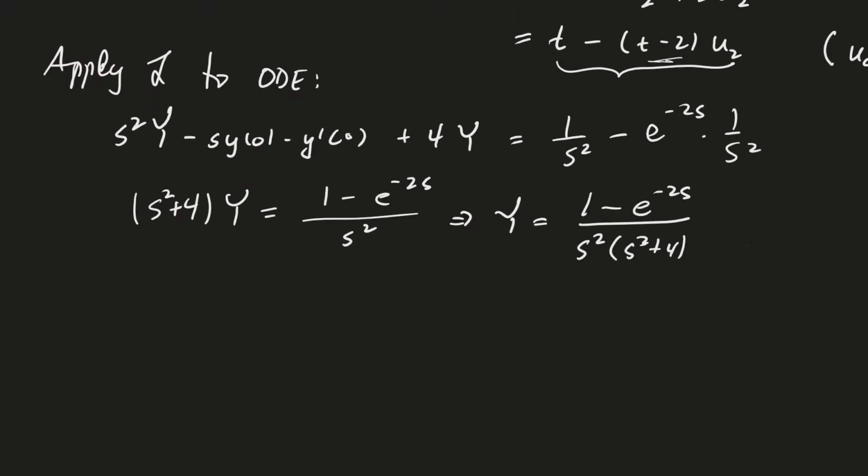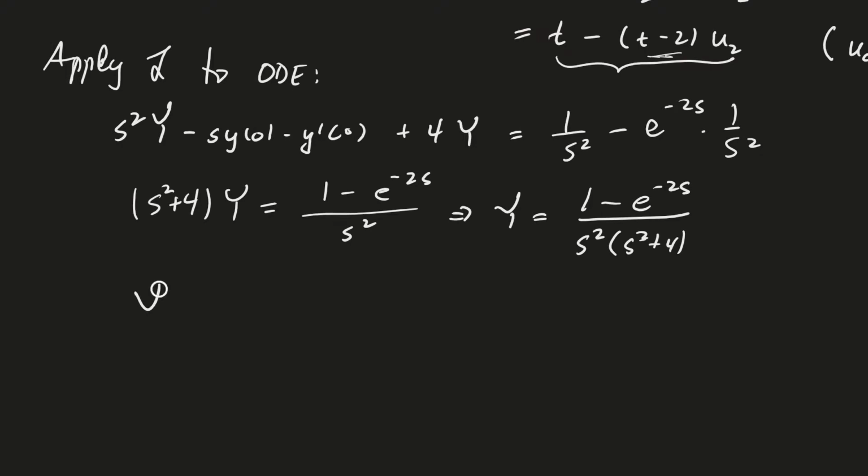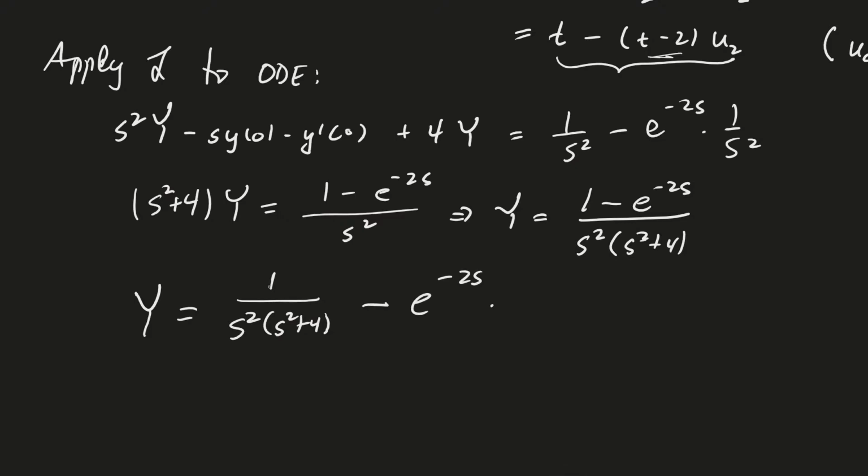And now, how are we going to work with this? We're going to rewrite y as 1 over s squared times s squared plus 4, plus, minus e to the minus 2s times 1 over s squared times s squared plus 4.